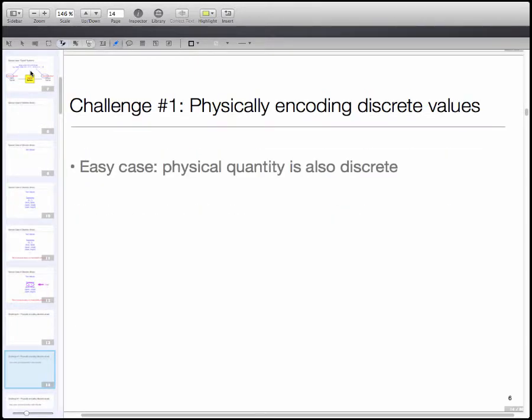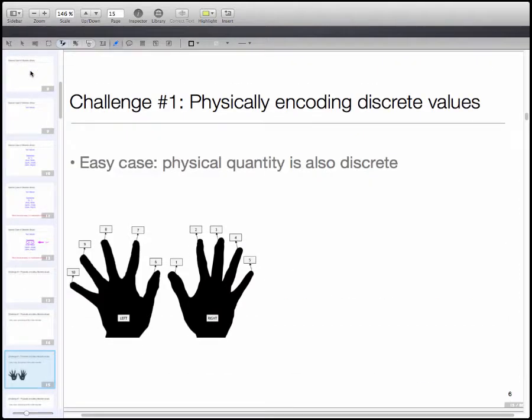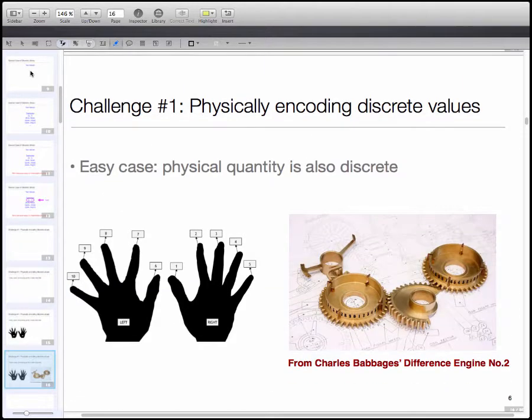When it comes to physically encoding discrete values, if the physical quantity is also discrete, like the spin of electrons, that's easy. Or our fingers, we have a discrete number of fingers in our hand. The teeth of gears, that's what that very first computer, a mechanical computer, was like. So that's the easy case.